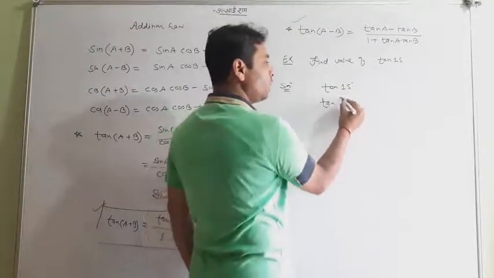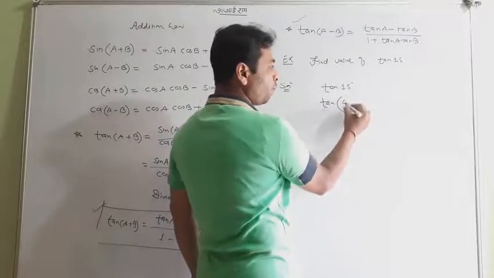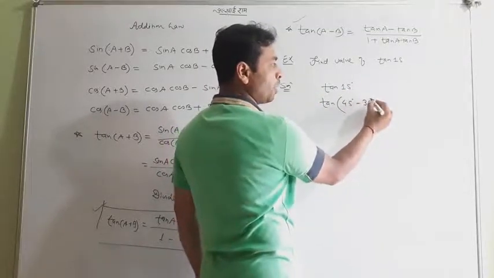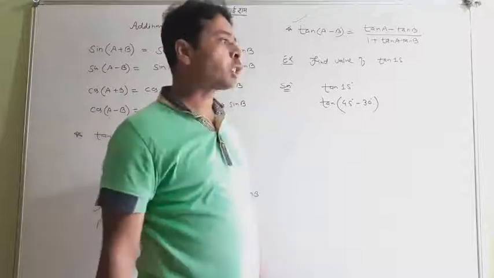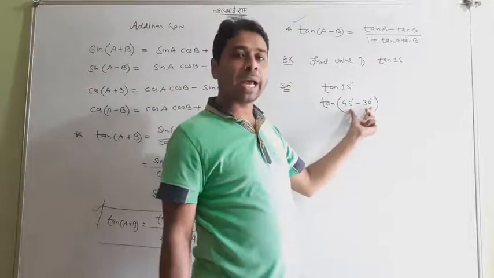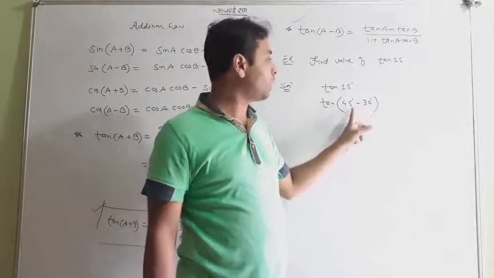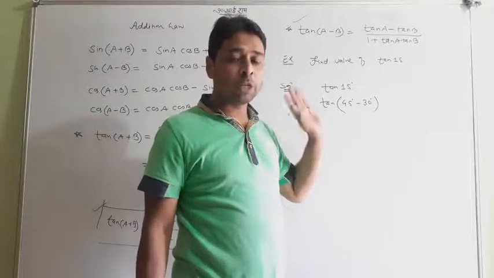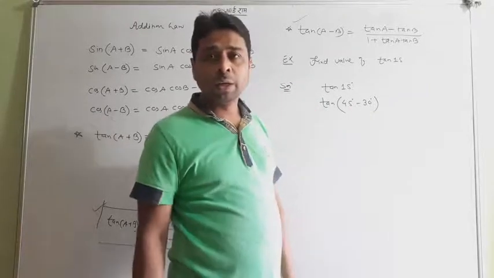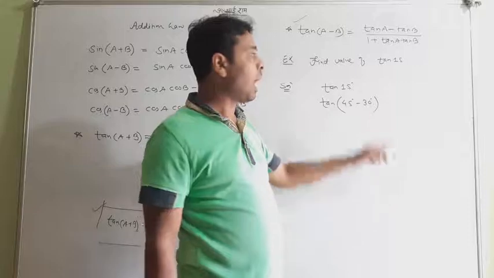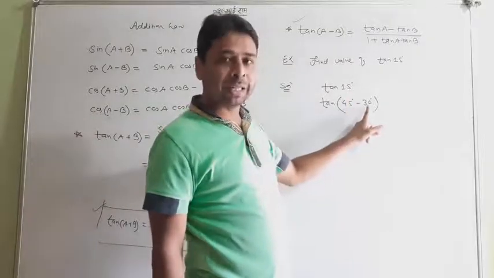So student, write 15 as 45 minus 30. I mean to say, split your angle into angles whose values you know. Tan 45 you know, tan 30 you know. So the split we have chosen for 15 is 45 minus 30.